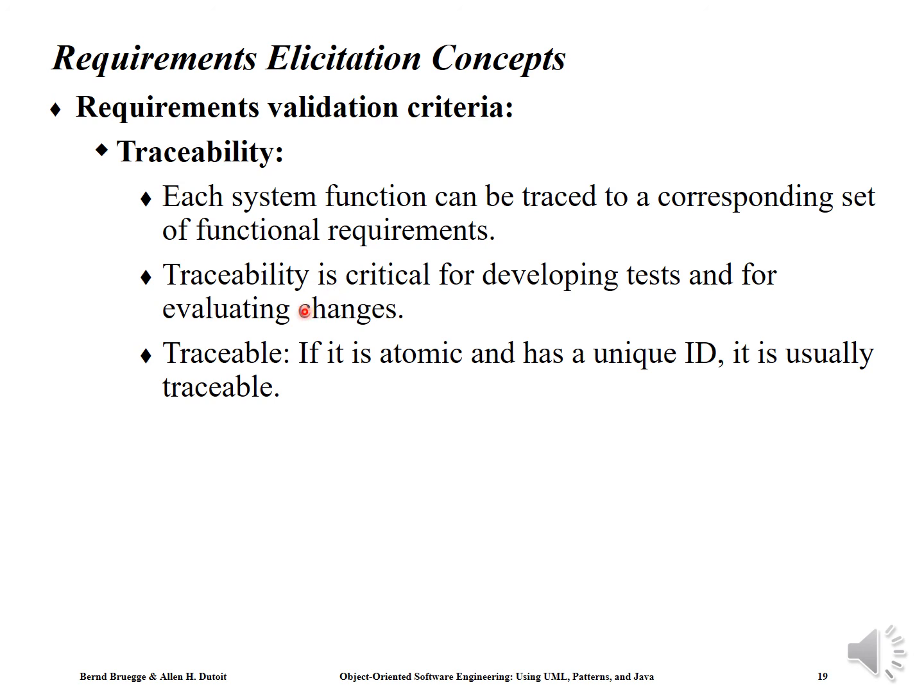So a requirement specification is traceable if the requirement can be traced throughout the software development to its corresponding system functions, and if each system function can be traced back to its corresponding set of requirements. In short, traceability means the requirement should be traced back and forth. So if the requirement is atomic and has a unique ID, it is usually traceable.